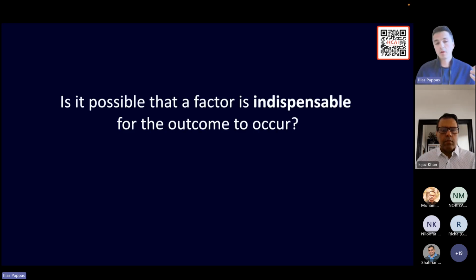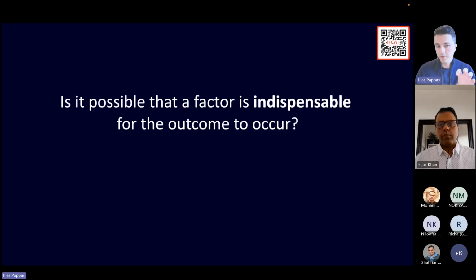Also, if we're thinking of the most important factors, is it possible that a factor is indispensable for the outcome to occur? If a factor is indispensable, does this imply that it can ensure that the outcome will be reached?